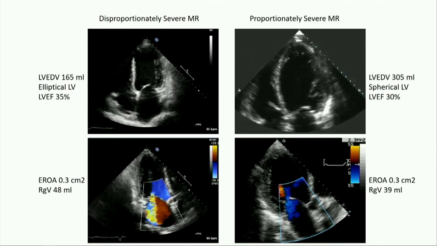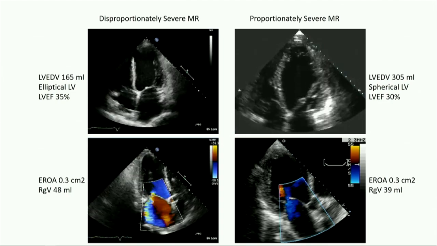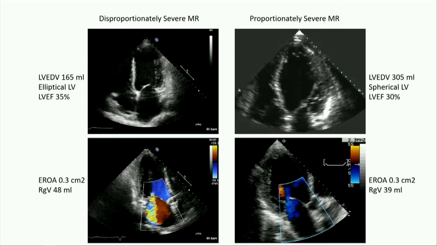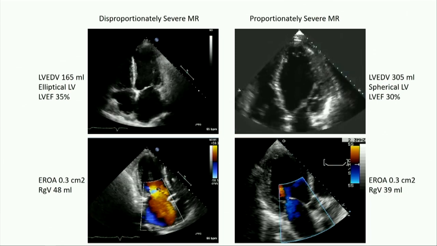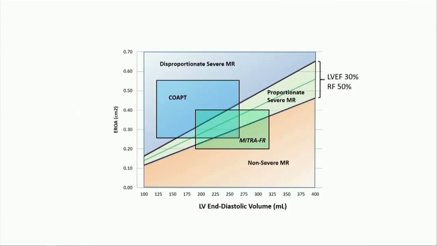This is a very hard concept to understand. We need to validate it. We need to understand it and explain it better. But basically, the more severe the MR and the smaller the ventricle, the greater the chance it's going to respond to therapy. And this is an overlapping Venn diagram of the COAPT versus MITRA-FR trials.